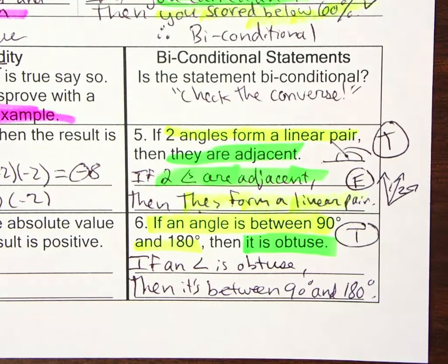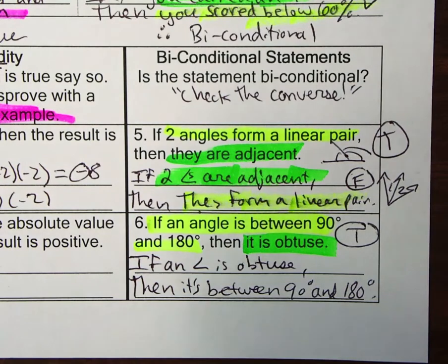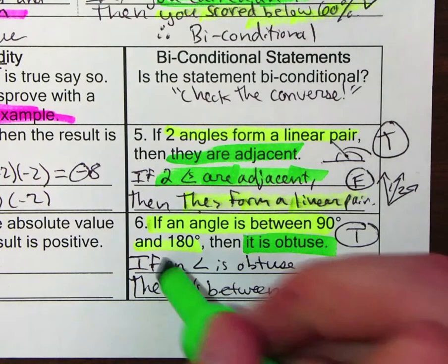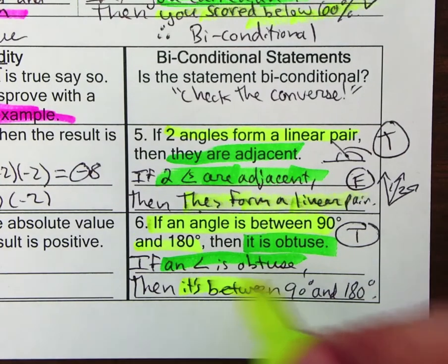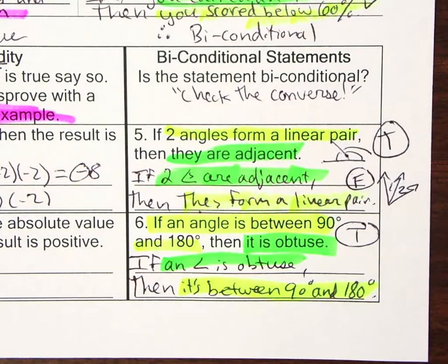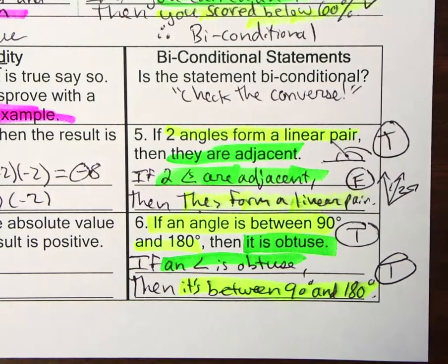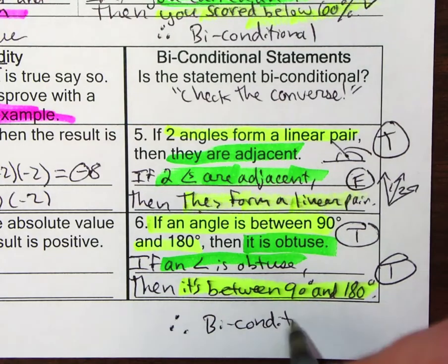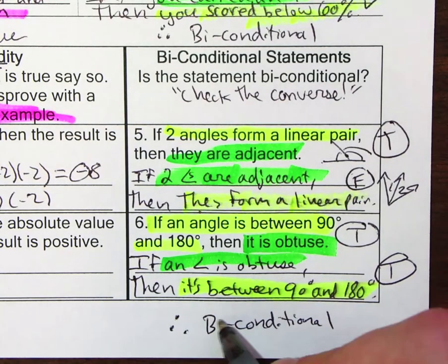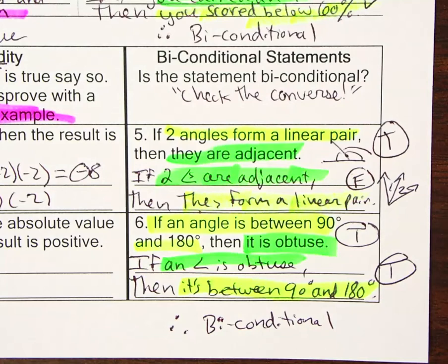And that does happen to be true. So we brought up that conclusion, we switched it with the hypothesis, and indeed this is also true. Therefore, this is biconditional, two-way conditionally true. Good luck.